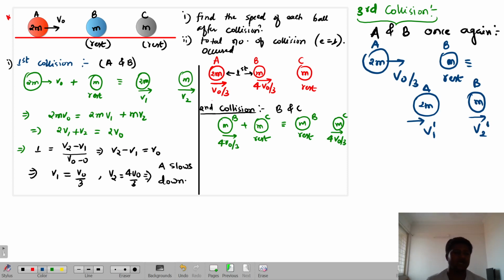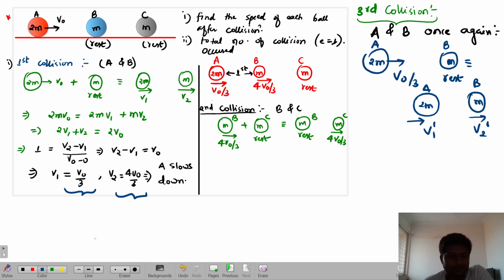I'll tell you one trick how to do it. Once again, you can write the equations of conservation of linear momentum and the coefficient of restitution equation. But there is one trick. See that the velocity is getting reduced by a factor of 1 by 3.